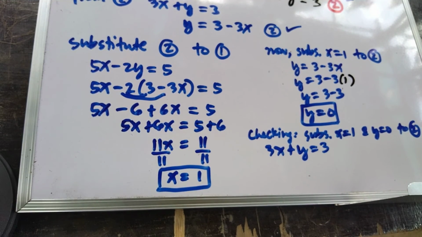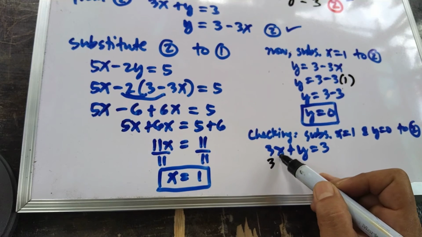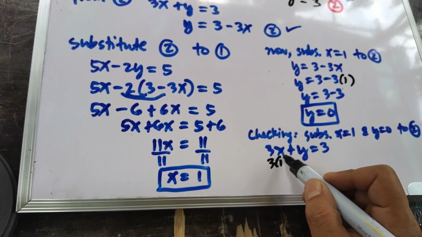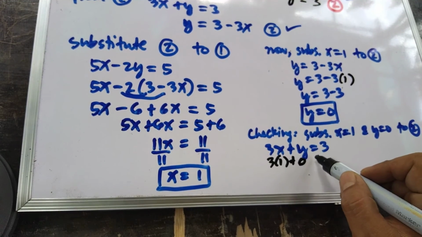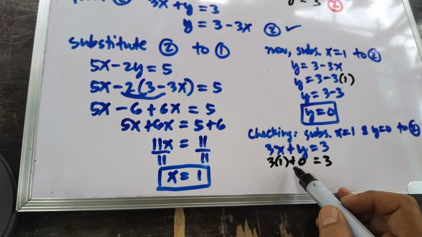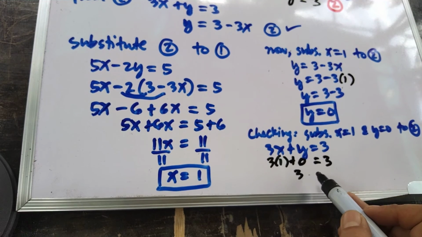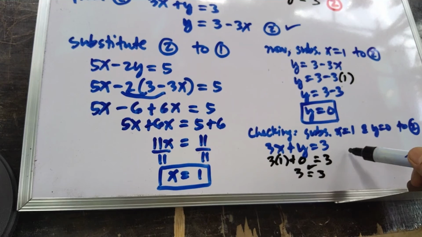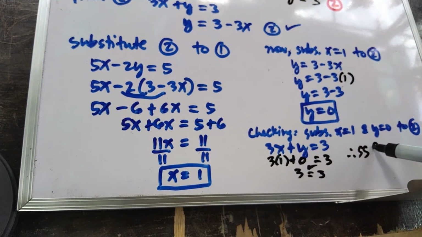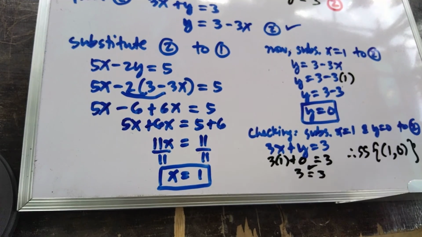Substitute. The value of our x is 1, plus the value of our y, which is 0, is equal to 3. So, 3 times 1 is 3, plus 0, 3 is equal to 3. Therefore, we are correct. So, our solution set would be the ordered pair 1, 0. That's it. I hope you understood, even a little bit. Okay, thank you for watching.